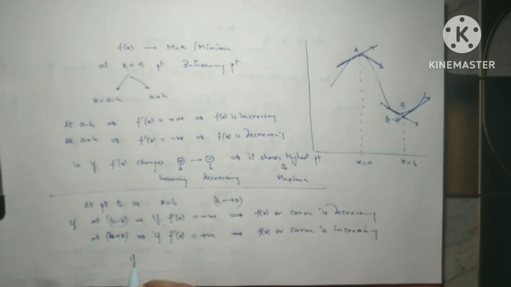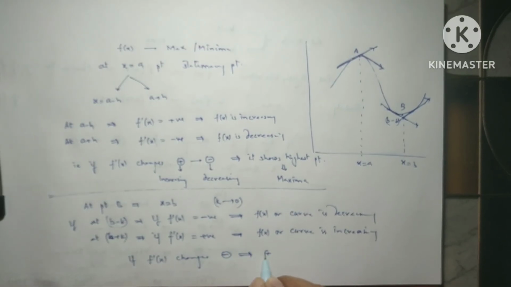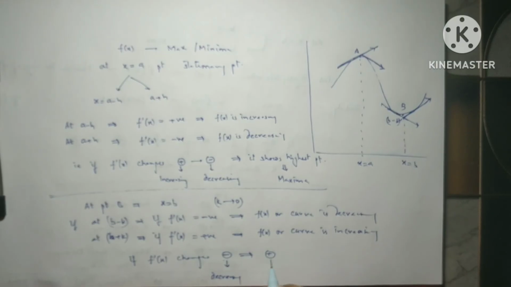So if f dash x changes from negative to positive, f dash x negative means the slope is negative, the tangent is negative, or the function is decreasing. And when the sign of f dash x is positive, then the curve is rising, or you can say increasing.